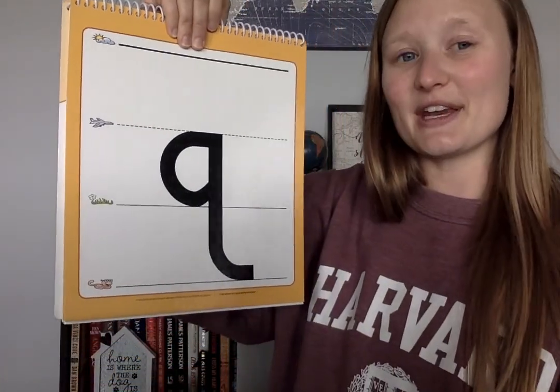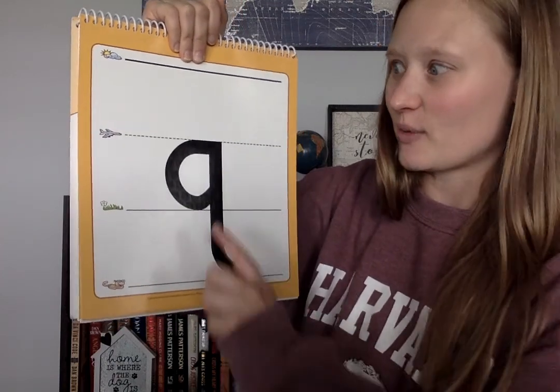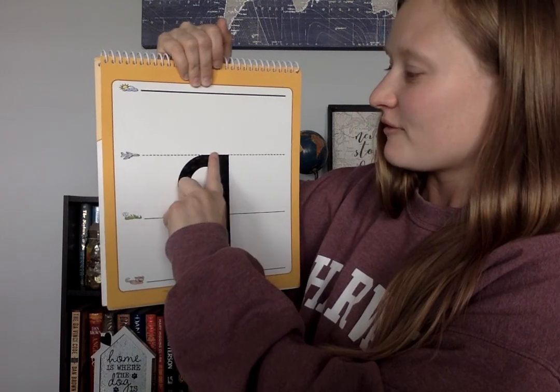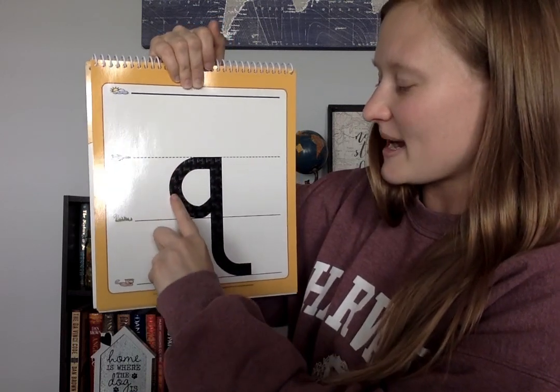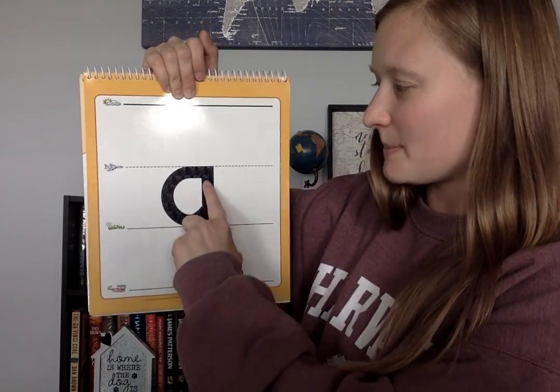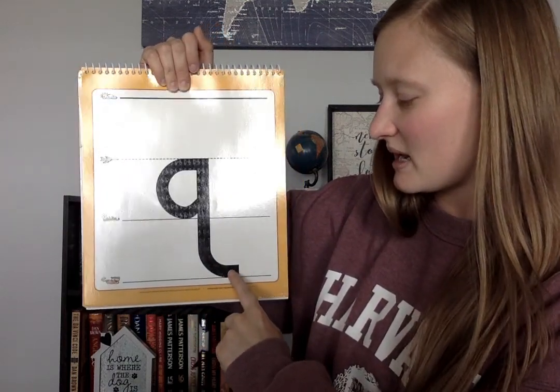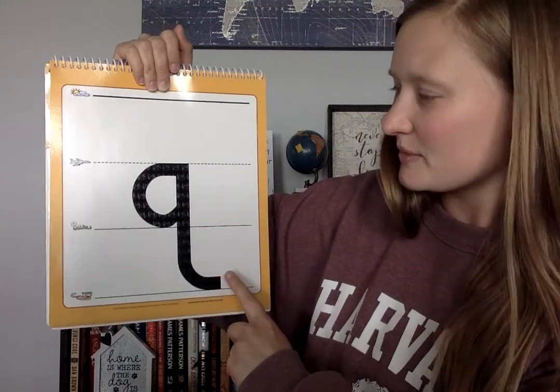Q, like Q-U, queen, qu. This is a tricky one too. Let's try it one more time. Point to the plain line. Curve around back to the grass line. Up to the plain line. Down to the worm line and make a hook back. Q.